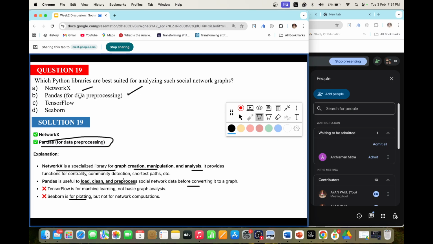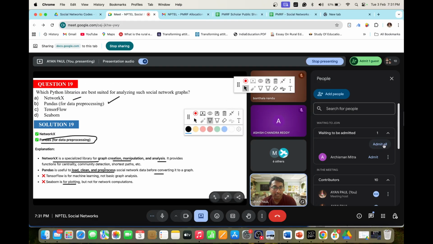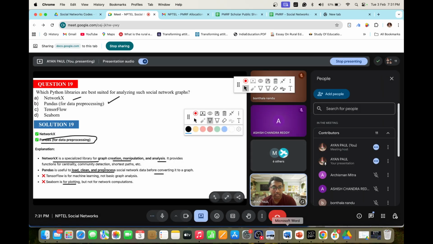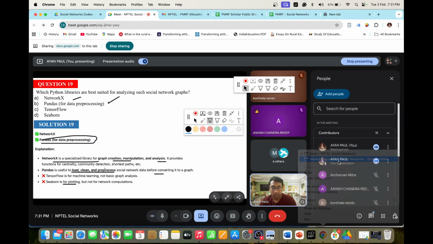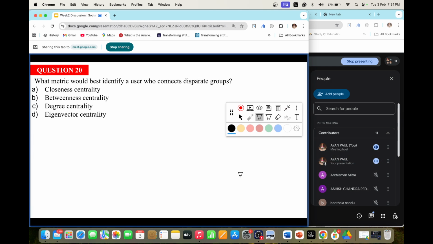Seaborn will have your heat maps, etc. Seaborn might look beautiful, but matplotlib has all your graphs: 2D, 3D, scatter plot, line plot, all the plots are in matplotlib. Seaborn is also used for plotting and also gives good plots, but it does not have as many plotting options as matplotlib. So always prefer matplotlib over Seaborn, though you can explore Seaborn also if you want. So option A as well as option B is the correct answer.